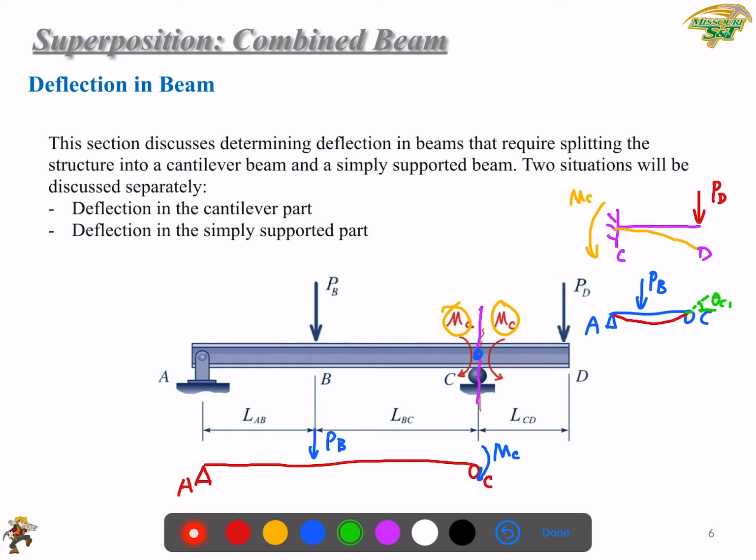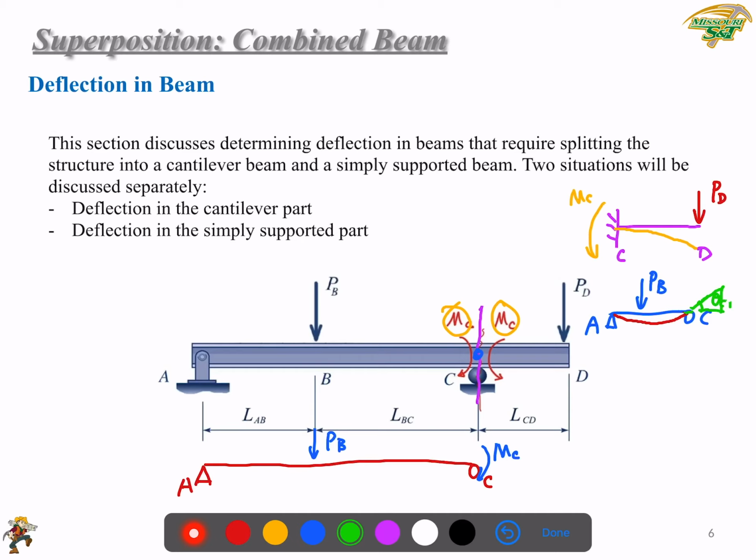Since CD will only be rotated, based on this you can build a triangle, so you can calculate the deflection at point D due to this rotation.